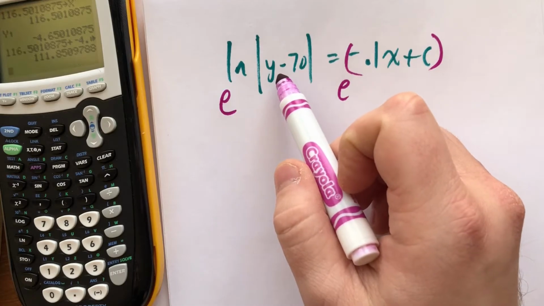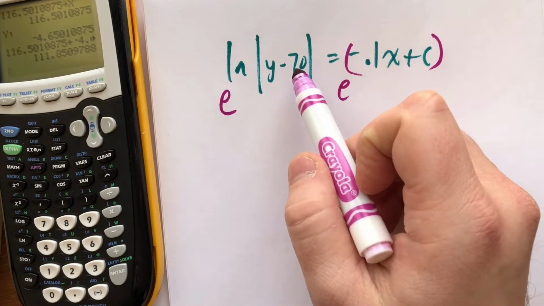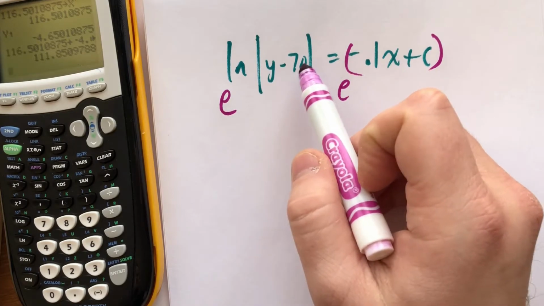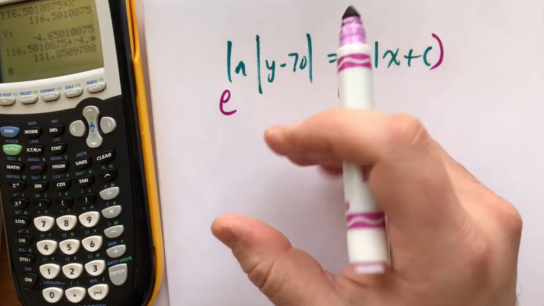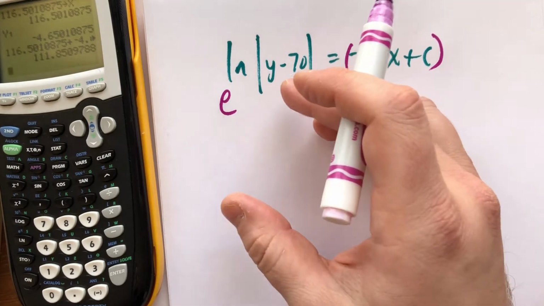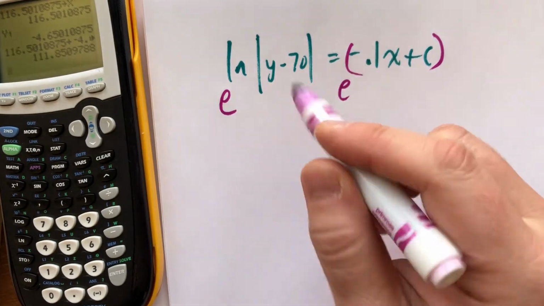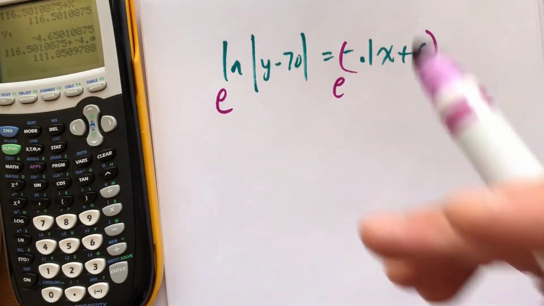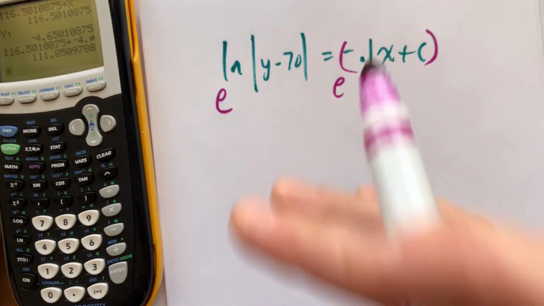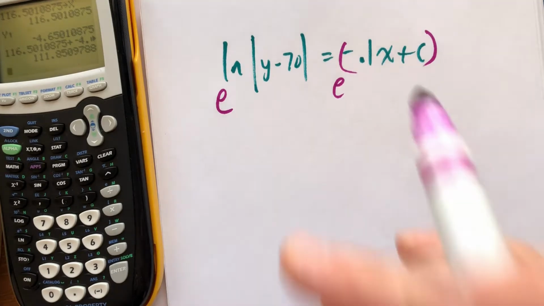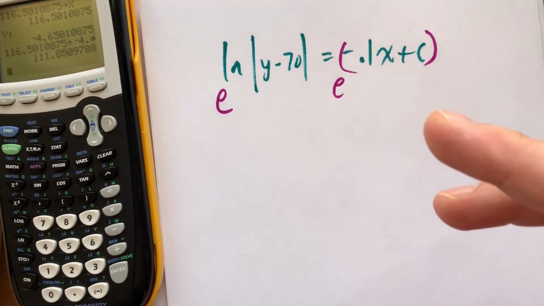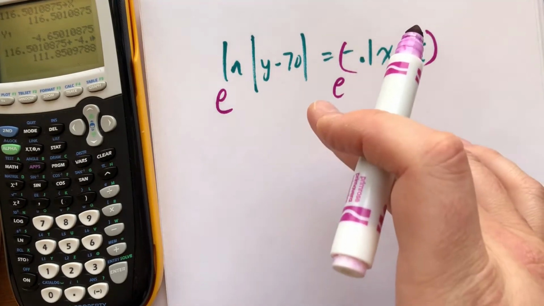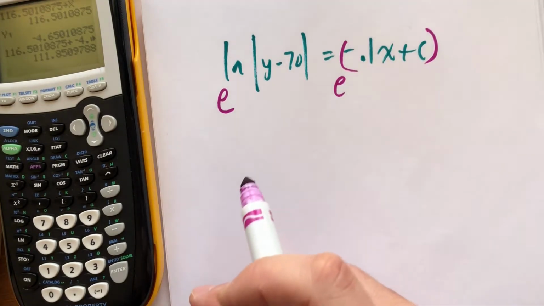Let's talk real quick. Let's assume that y is always going to be 70 or more. For a question like this, we're talking about a cup of coffee in a room. The room is probably 70 degrees. That's probably where it comes from in the formula. If you take a cup of water and put it in a room, it's never going to get colder than the air around it, unless it starts out colder than the air around it.